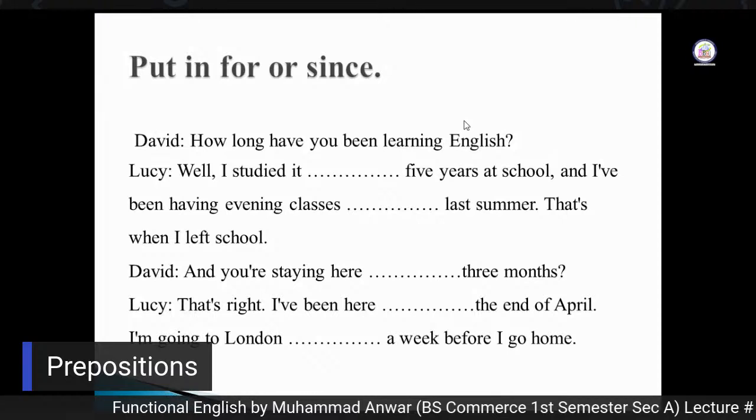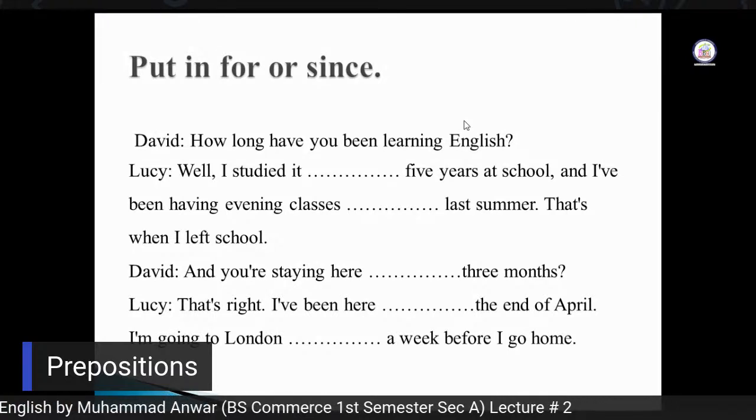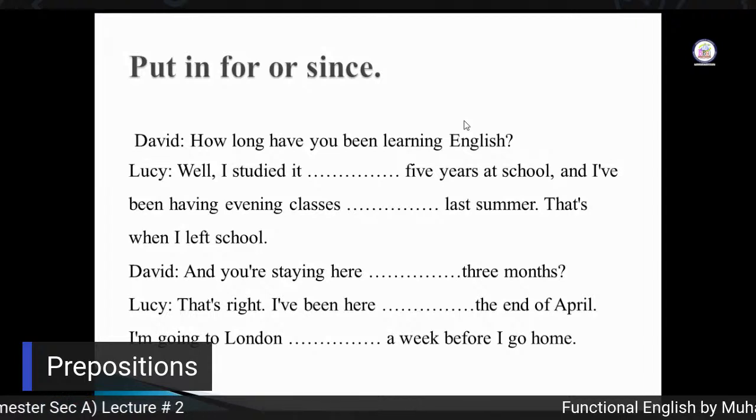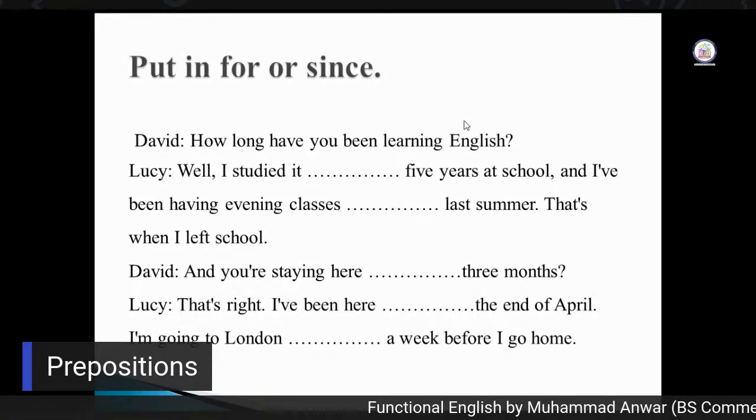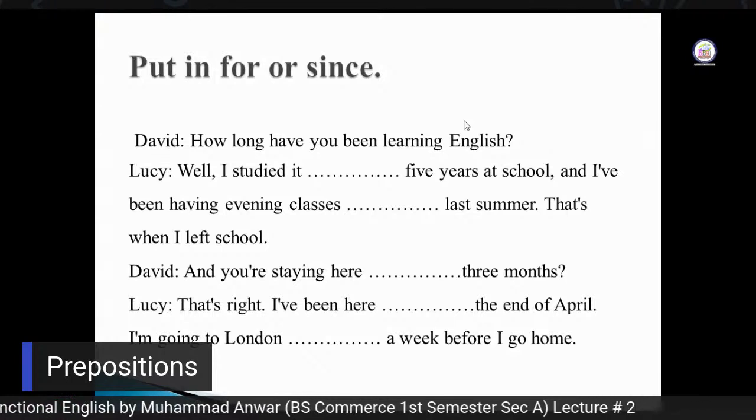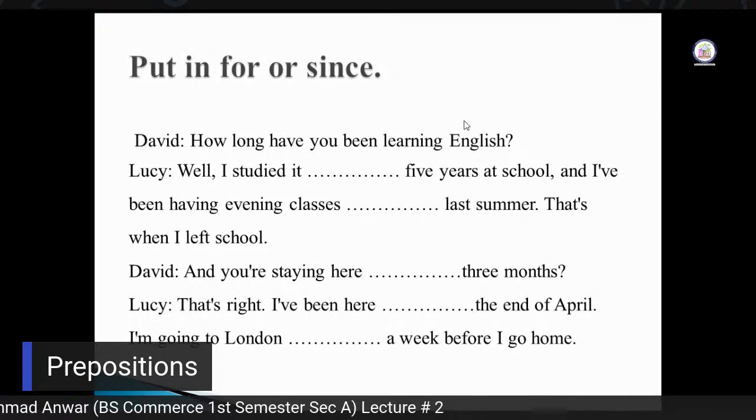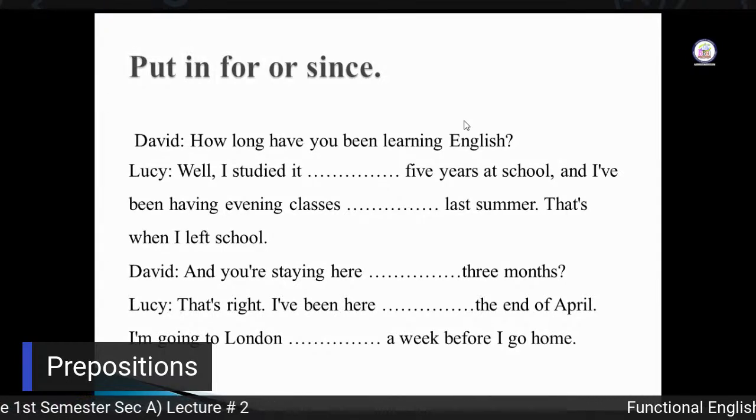How long have you been learning English? David says, well, I studied dash 5 years at school and I've been having evening classes dash last summer. That's when I left school. And you are staying here dash 3 months? That's right, I've been here dash the end of April. I'm going to London dash a week before I go home.